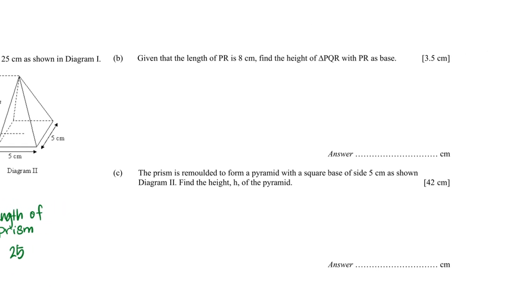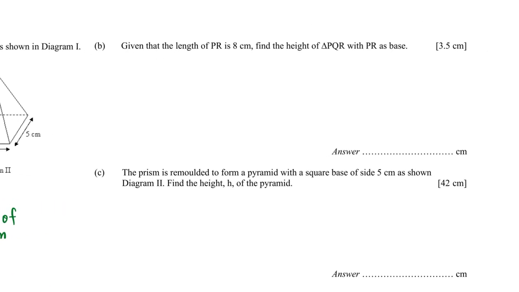Okay, so for this particular one, I'm going to just do a sketch. PR is 8, and I'm going to find the height. Height will be this, H, which is 90 degrees.